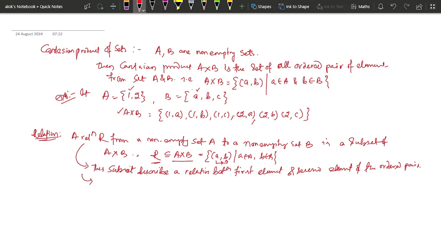And the second element is called the image of the first element.